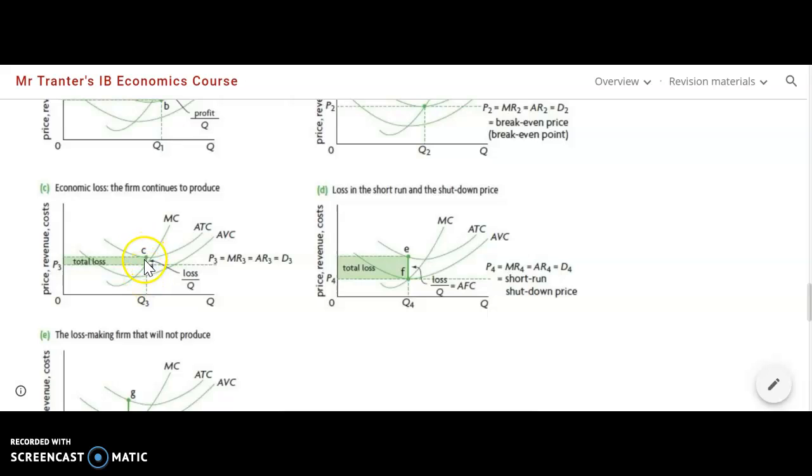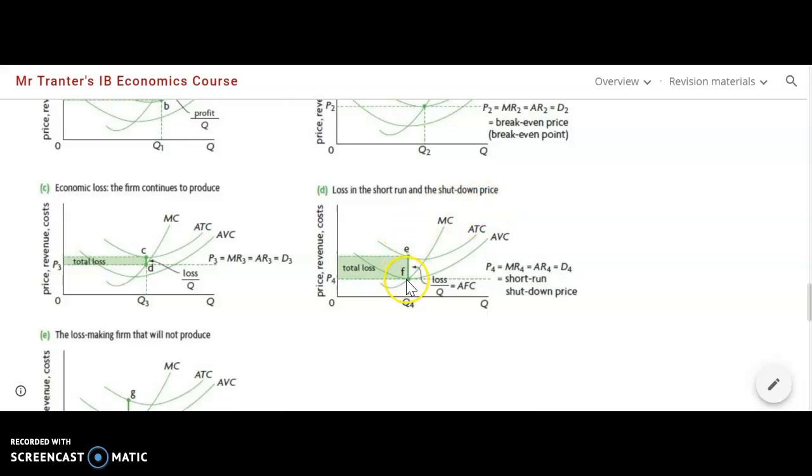The loss would be the gap between here and here, which is our fixed cost per unit, our average fixed cost. Whereas in D, the loss is equal to our average fixed costs. Therefore, whether we operate or shut down, the loss is the same. It's called the shutdown price.